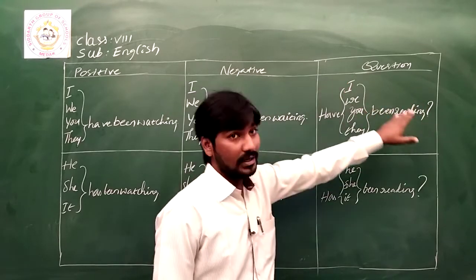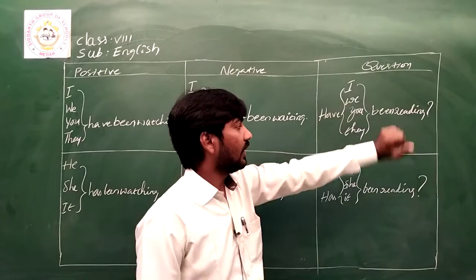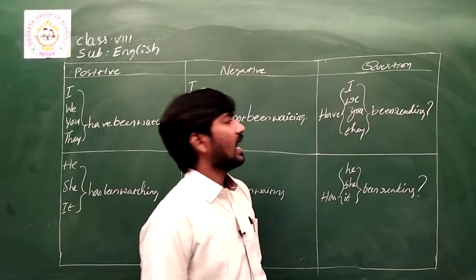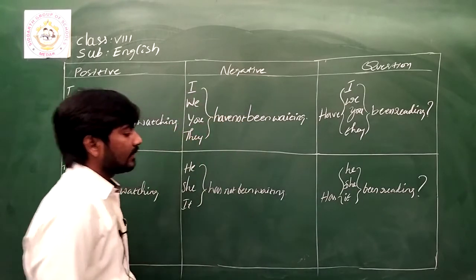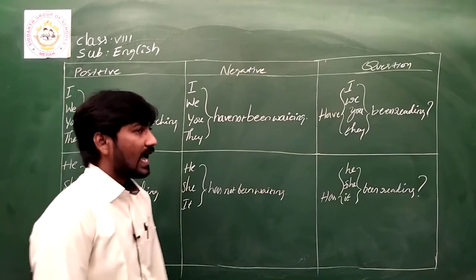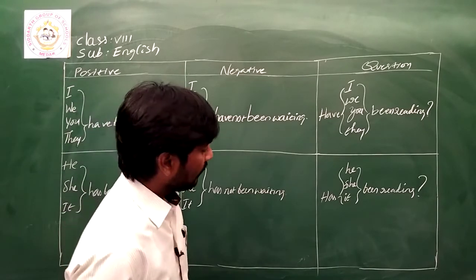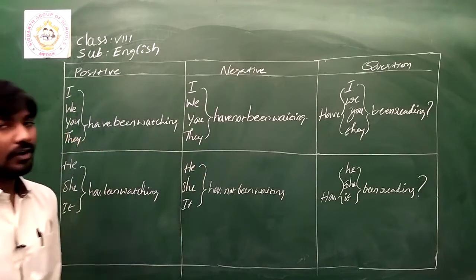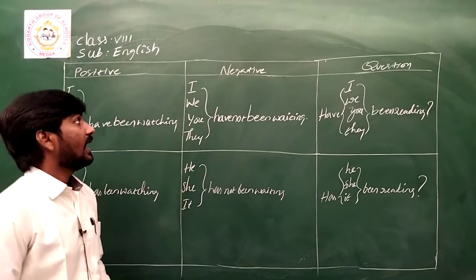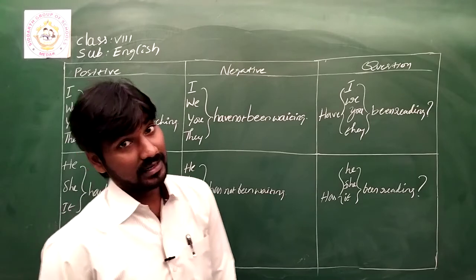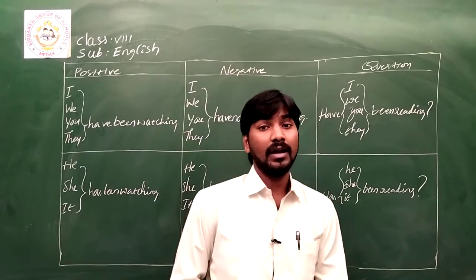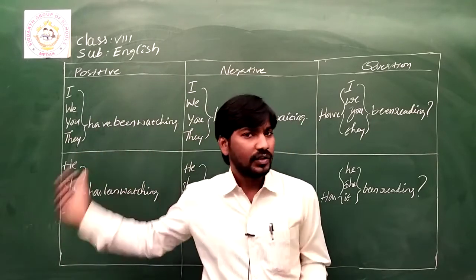So have I been reading? Have we been reading? Have you been reading? Have they been reading? Next, third person singular. Has he been reading? Has she been reading? Has it been reading?